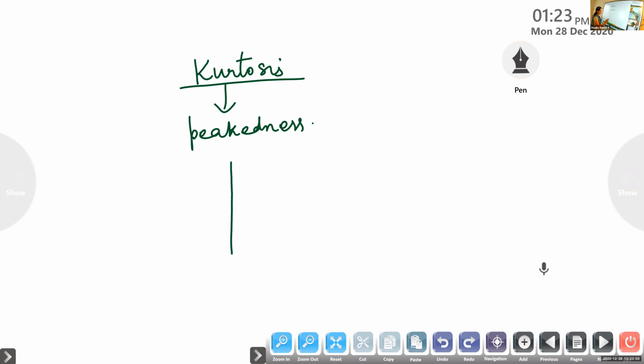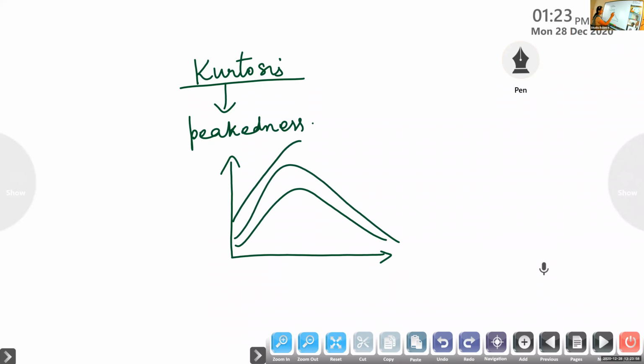Suppose when we draw the graph, we are getting the curves in this form. The first one is coming like this, the second one like this, the third one a very sharp curve. So there are three types of kurtosis, based on the peakedness. The first one we call leptokurtic, the highest peak.